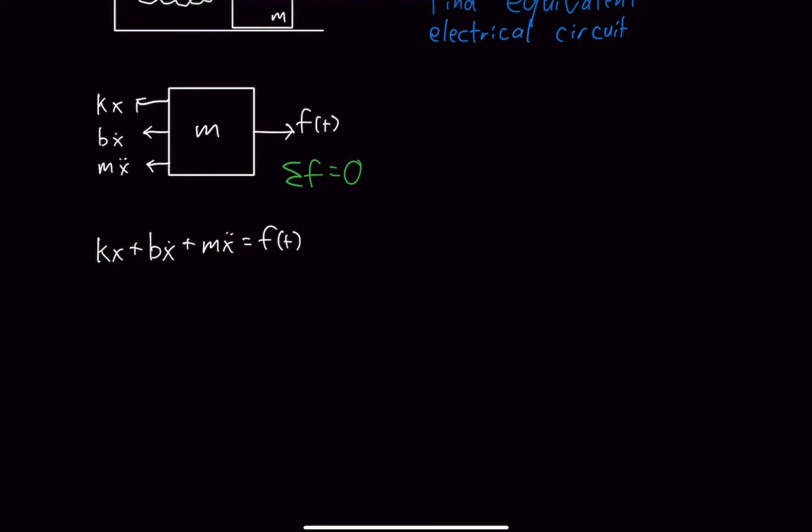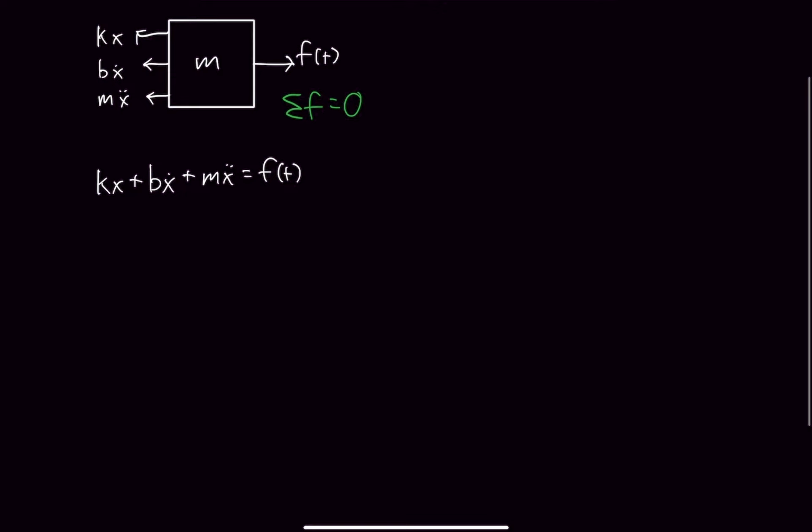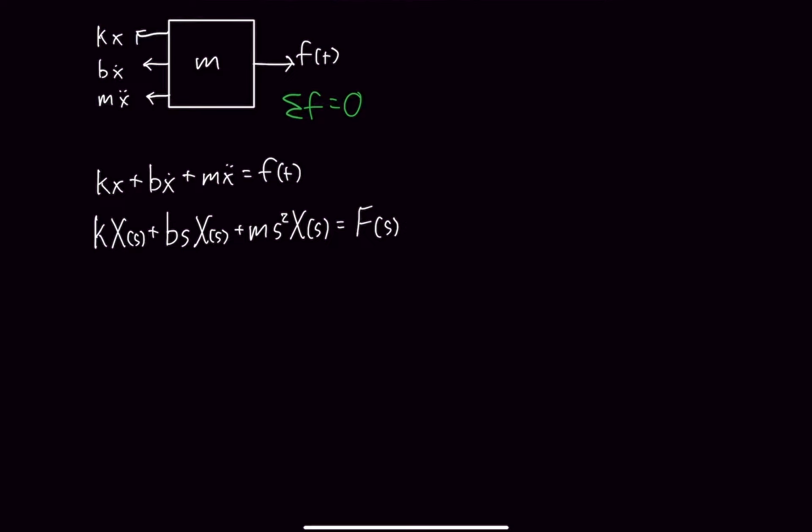I'm going to go ahead and turn this into S domain. So Kx of s plus Bs x of s plus Ms squared x of s equals F of s.